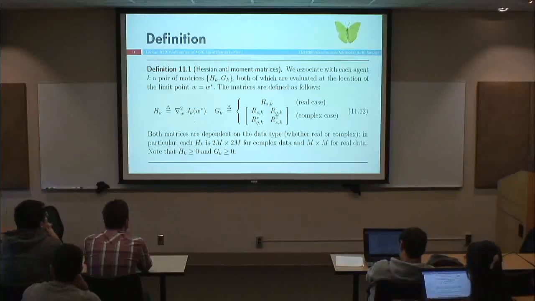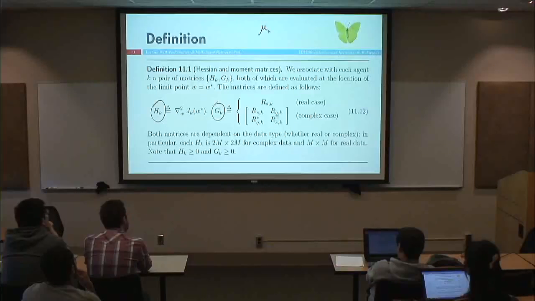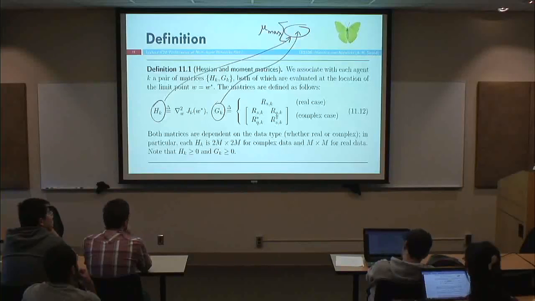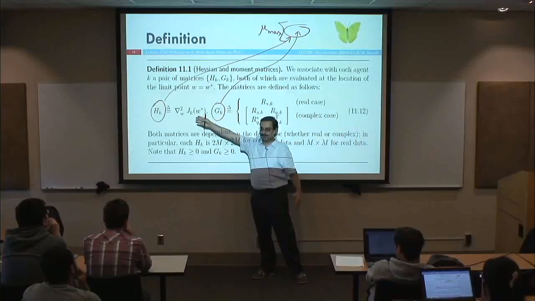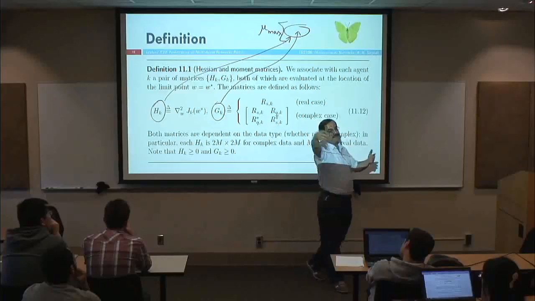So you are going to see that the performance of your network, that quantity which will multiply mu, will be defined in terms of three things. This H, of course, it will involve a sum over the agents because each agent has a G and has an H. Of course, the H's could be the same across the agents.